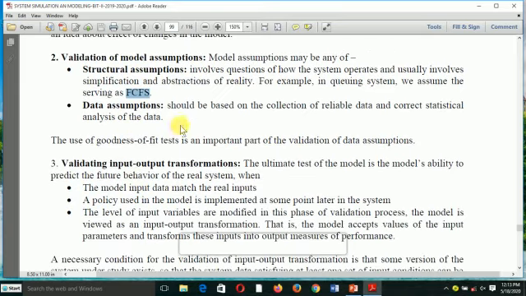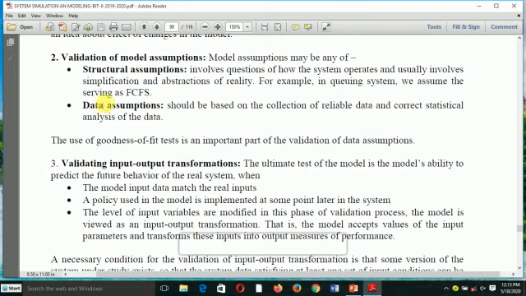Data assumption also should be based on the collection of reliable data and correct statistical analysis of the data. If you have a data assumption, it means you are immediately going to use statistics. If you use statistics, the probabilities will also be there. So it means that the result of statistics and probability won't give 100% real data, so there must be assumption.